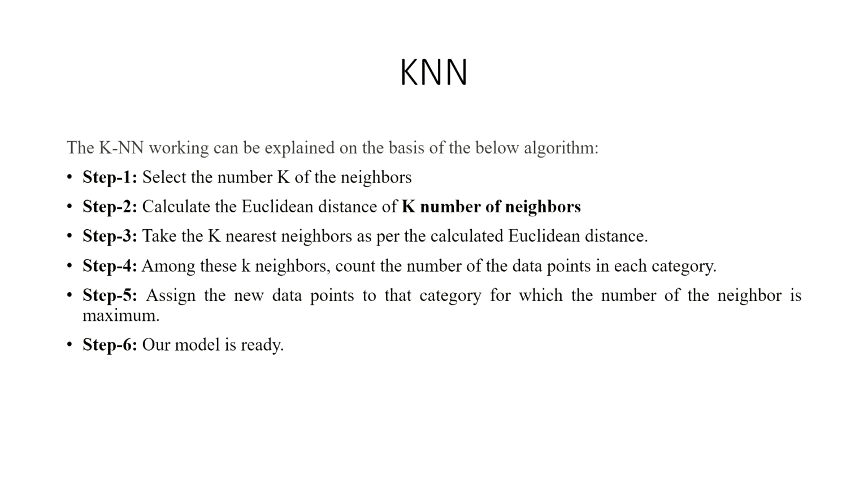Next, we have the k nearest neighbor. So the KNN working can be explained on the basis of the steps below. Step 1, we need to select the number k for neighbors. So if you are using KNN 3, k equals 3. If it's KNN 5, k equals 5.